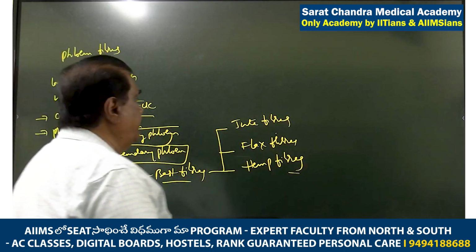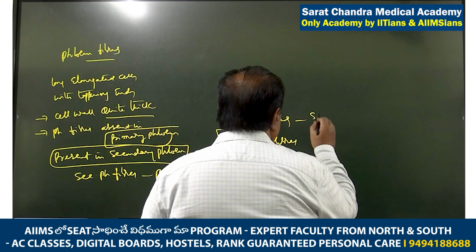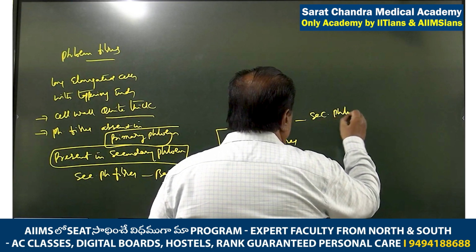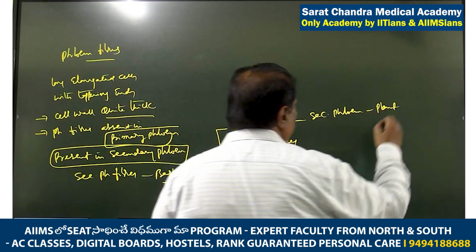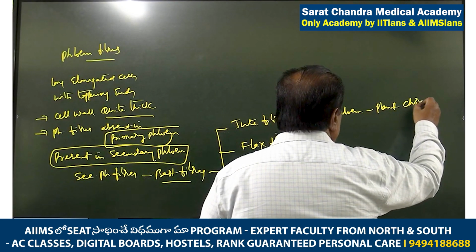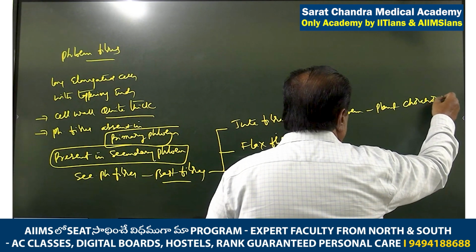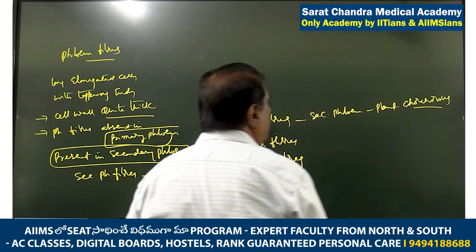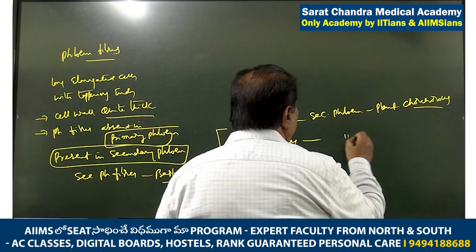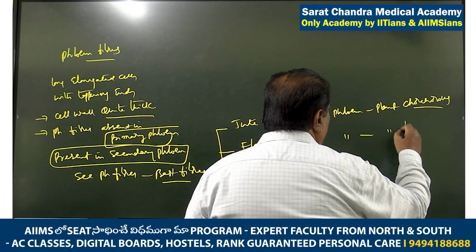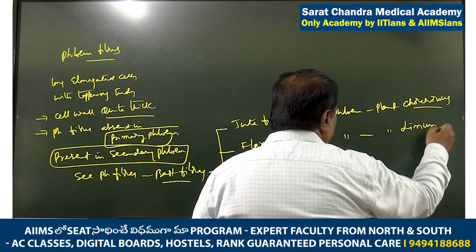Jute fibers are obtained from the secondary phloem of the plant Corchorus. Flax fibers are obtained from the secondary phloem of the plant Linum. Linum is the name of the plant.